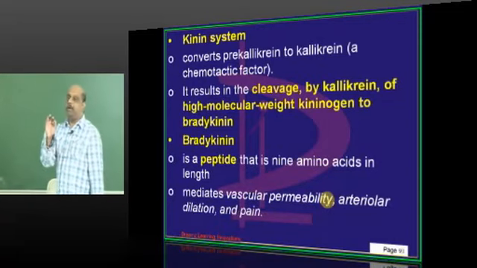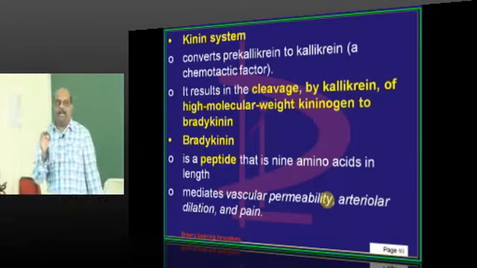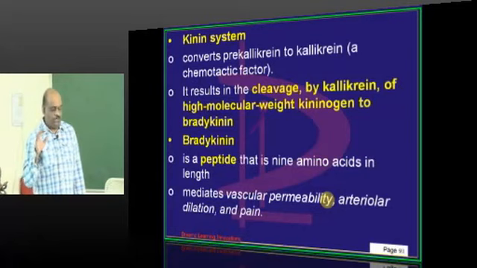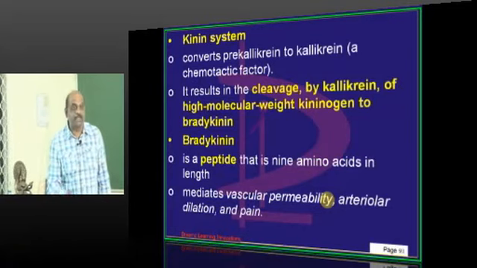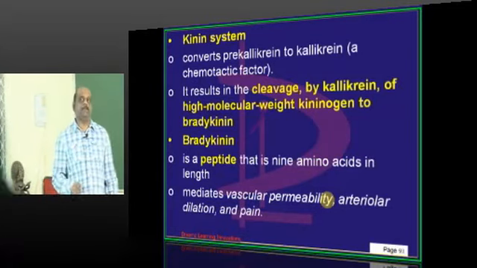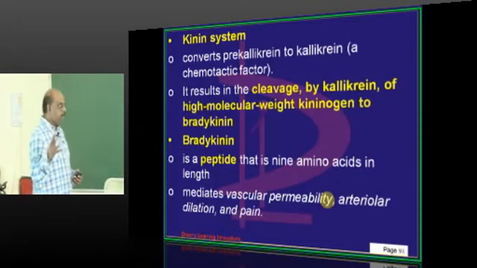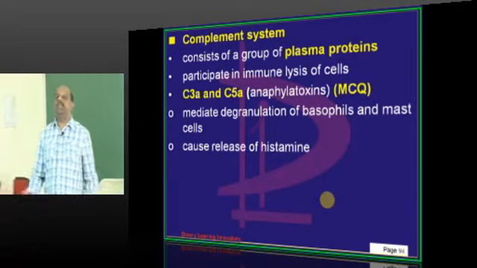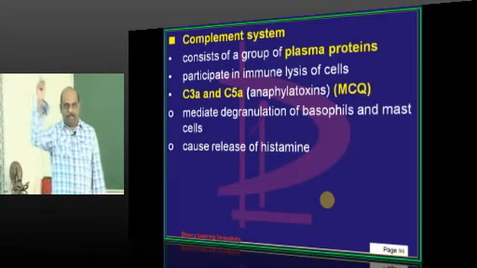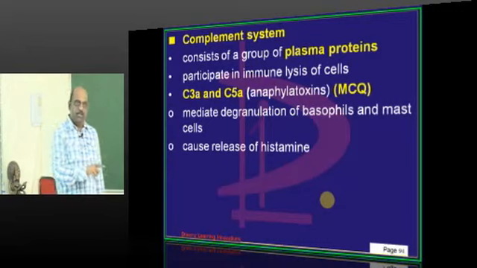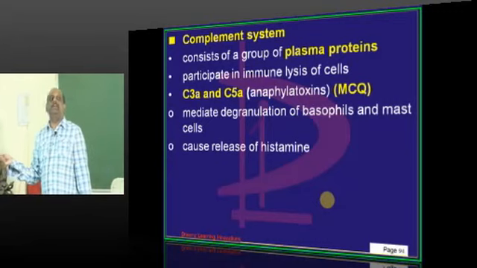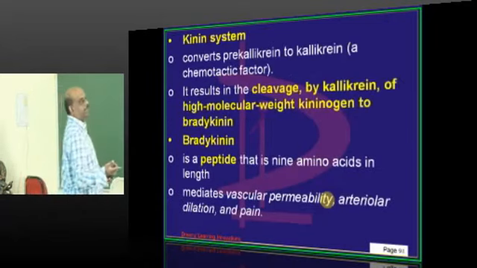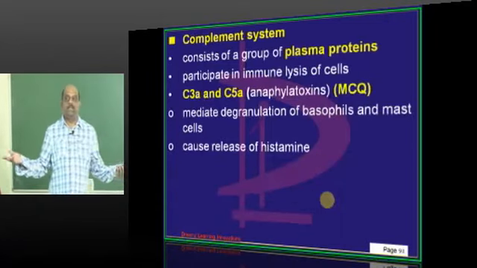Biochemically, what is that important cytokine that mediates the pain response, which is the peptide that mediates the pain response? Bradykinin is mainly responsible for mediating pain. It is also an arterial dilator and also increases vascular permeability. So, that is the story of prekallikrein becoming kallikrein, which leads to high molecular weight kininogen converting into bradykinin. Bradykinin in turn will lead to the mediation of the inflammatory response.